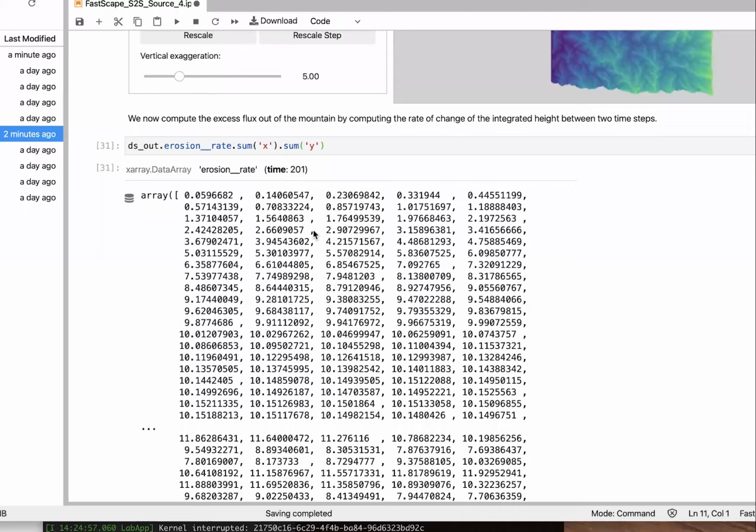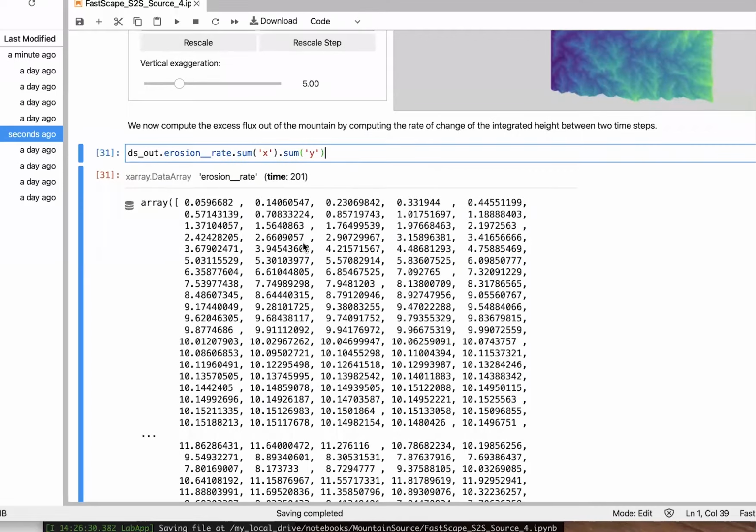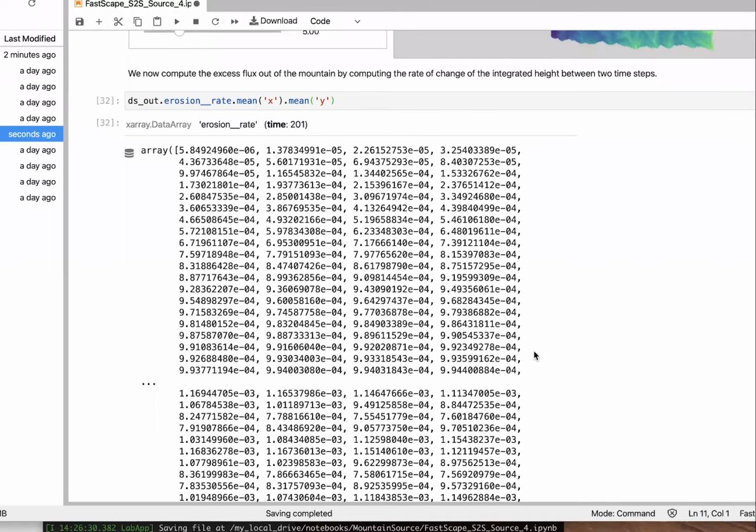The mean is actually doing the sum and dividing it by area. So this is what I want. This is actually the mean erosion rate. So if I multiply that by the size of the model, and the size of the model is S squared, I now have the flux of sediment coming out of the model.